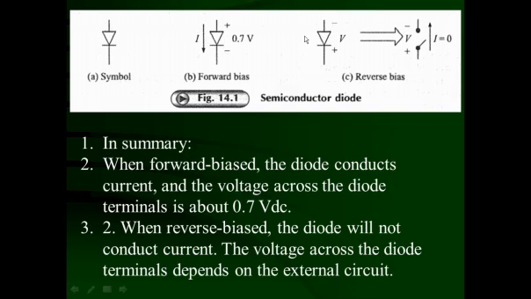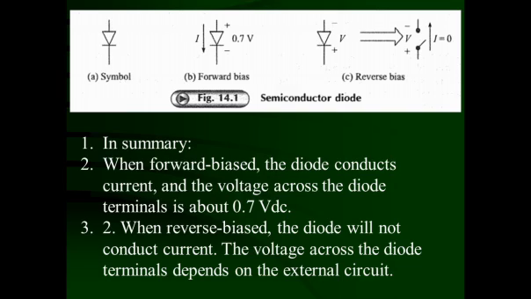Now the other way: if the battery's negative terminal is connected to the p-type material, that is the anode, and the positive terminal of the battery is connected with the n-type material, that is the cathode, that is called reverse bias connection. In this way, the depletion region becomes wider and no current can flow in this diode.